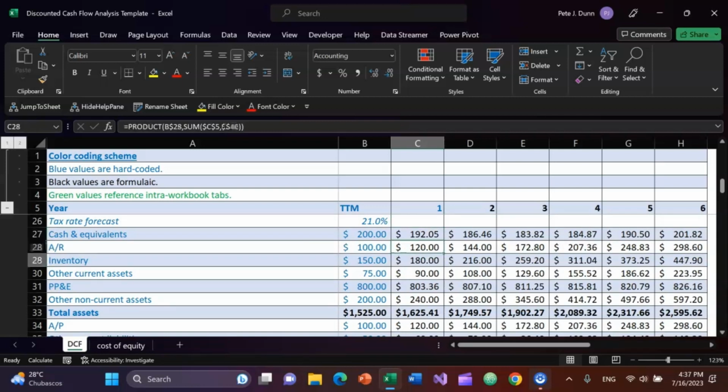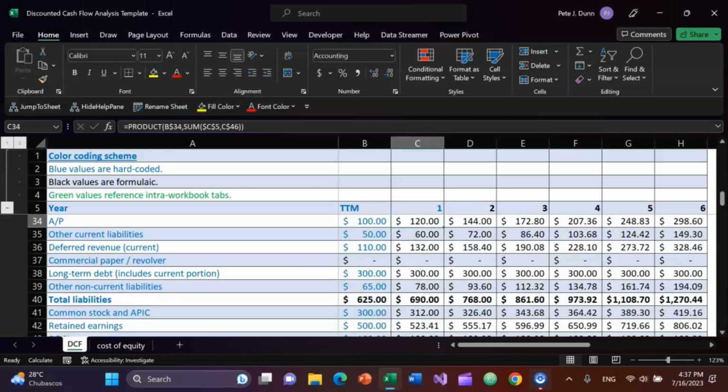So therefore inventory is indirectly tied to revenue as well in this model. Other current assets are grown with sales. Property, plant, and equipment based on the property, plant, and equipment schedule. Other non-current assets, those are grown with the sales growth rate. Sum those up to get total assets.